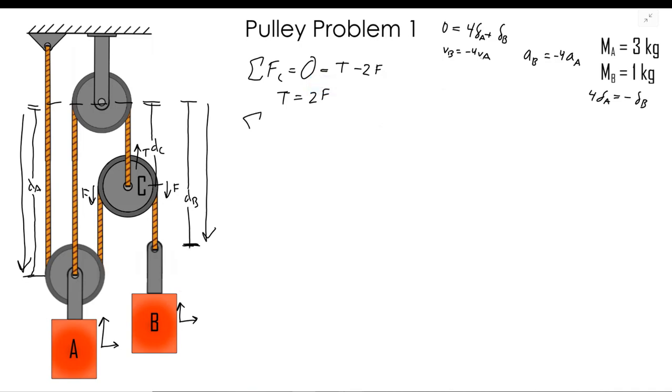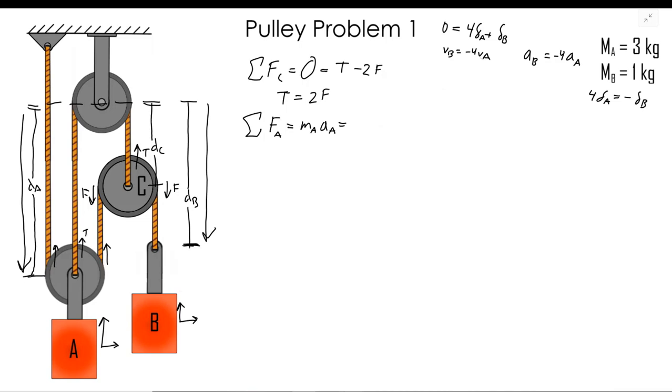It's an awful one. They're always pretty awful, but whatever. You understand. So FA, that's going to turn into mass times acceleration, so mass of A times the acceleration of A. Then that's going to equal, right here, an F pointing up, an F pointing up, it's a longer rope, but then we're going to have a T pointing up as well.